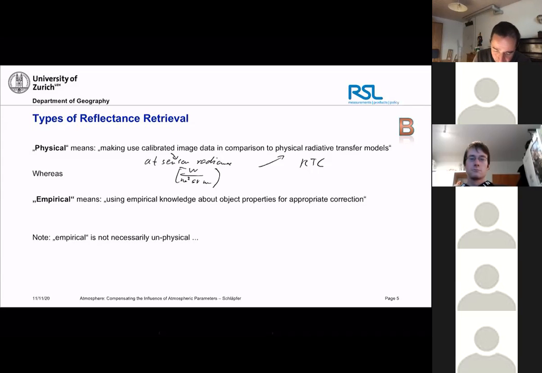So this empirical knowledge is used for a kind of image-based calibration, or it's also called vicarious calibration. I don't know if you heard that term before, vicarious calibration. And this vicarious calibration is what you do, in fact, if you take some knowledge from the image and you relate it to your imagery, then you calibrate your imagery based on the image itself, instead of taking it to the laboratory.